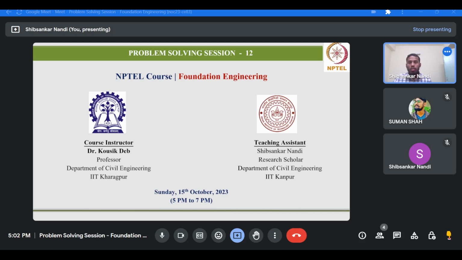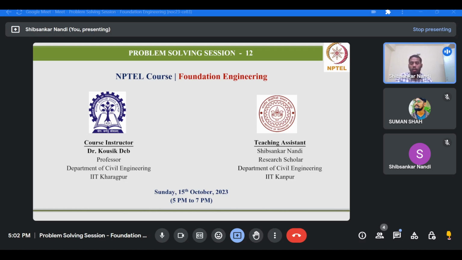Welcome back to this problem solving session for the NPTEL course Foundation Engineering. In the last week, we started discussing the sheet pile wall: how to determine the net earth pressure distribution for a cantilever sheet pile wall and how to determine the associated embedment depth by imposing some margin of safety.